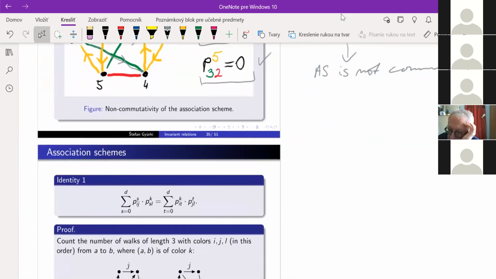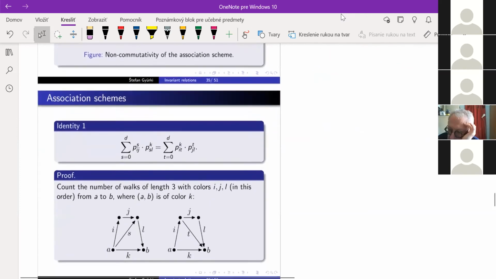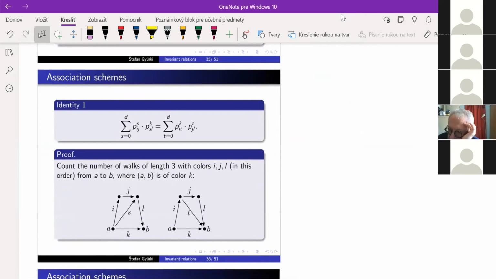Now let's go to the properties of the structure constants. I will show you 8 identities concerning them. First is saying that if you are counting such a sum and this sum, then these two values are equal.